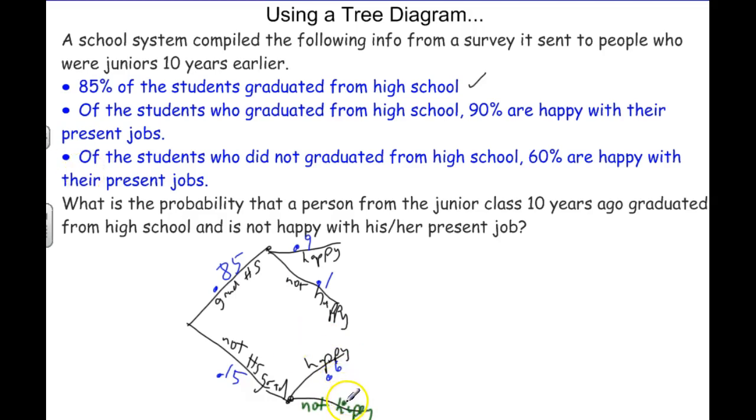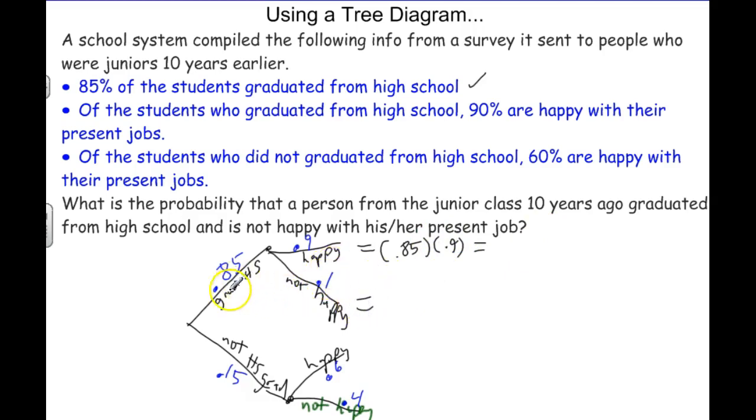Okay, so to figure out the probability of each branch here, which really is helpful in answering this final question, I'm going to figure out the probability of each branch. So what's the probability that you both graduate high school and are happy? To get that, all you do is type in 0.85 times 0.9, and you're going to get an answer in your calculator.